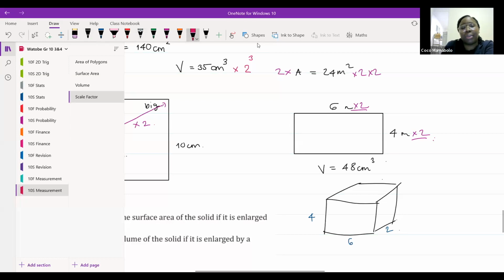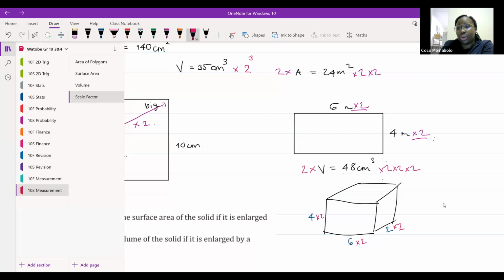Now, if I double each of these sides, I'm going to go times 2, times 2, times 2. So if I want 2 times my volume, I have to take this 48 times 2 times 2 times 2. I have to do it 3 times. Not only once. We have to do it all 3 times because all 3 sides are being doubled.